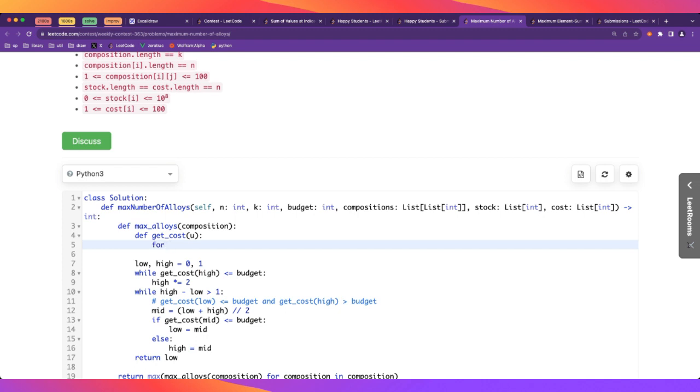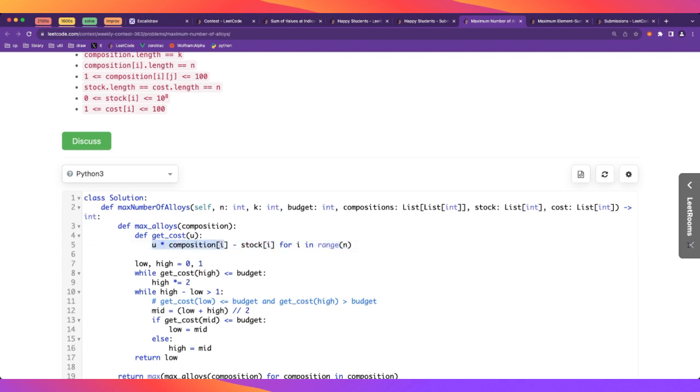For that, we want to go over all the metals, and for each metal we have the composition of this metal, how many we need per unit, minus the stock. We need to multiply by the number of units.